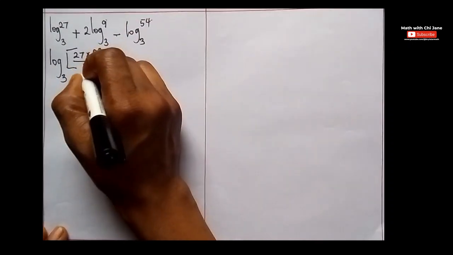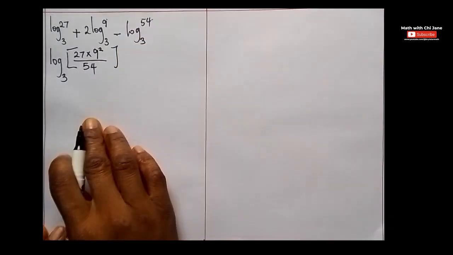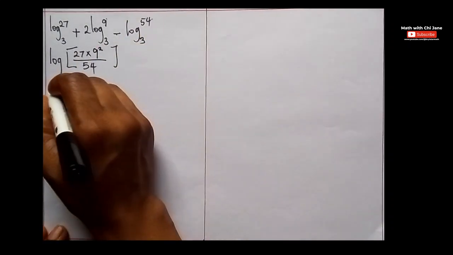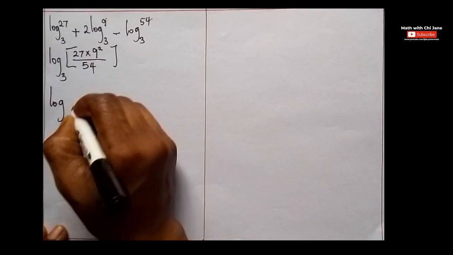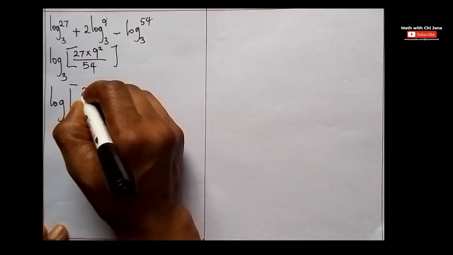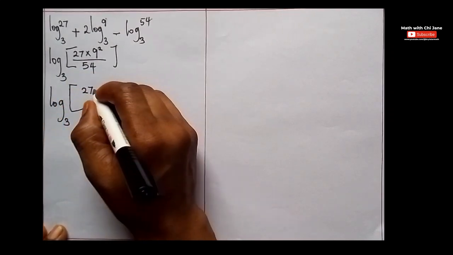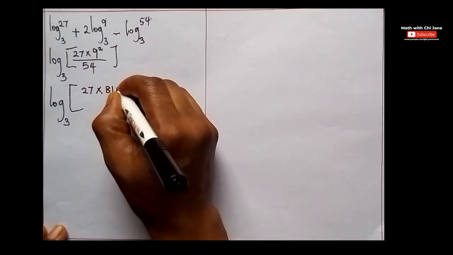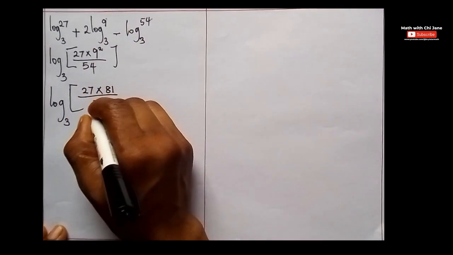Minus 54. Okay, so next, let's simplify it further. We have log base 3 of 27 times the square of 9, which is 81, divided by 54.